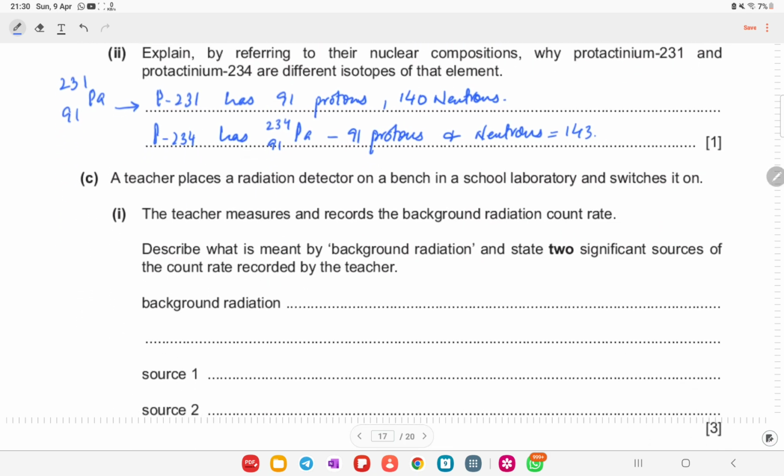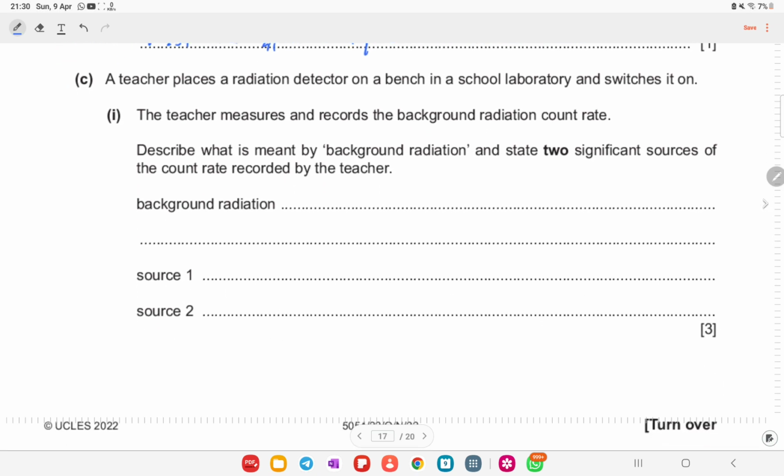Another teacher places a radiation detector on a bench in a school laboratory and switches it on. The teacher must measure and record the background radiation count rate, describe what is meant by background radiation, and state two significant sources of the count rate recorded by the teacher. So, what is background radiation?